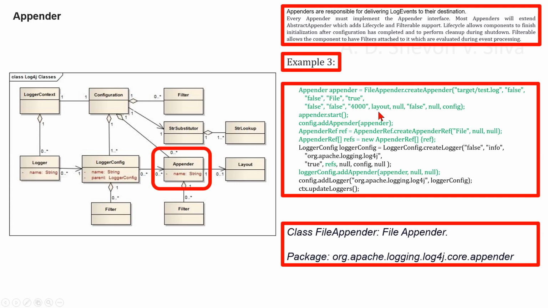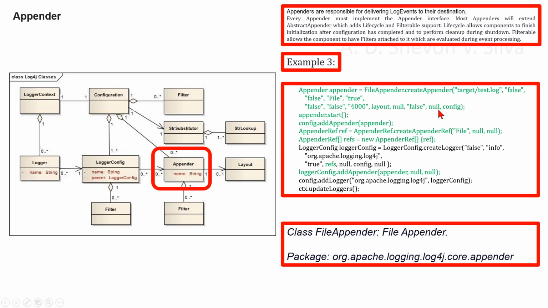Layout, the layout used to format the event. And the filter, the filter if any to use, and advertise, true if the appender configuration should be advertised, false otherwise. Advertise URI, the advertise URI which can be used to retrieve the file contents and the configuration.